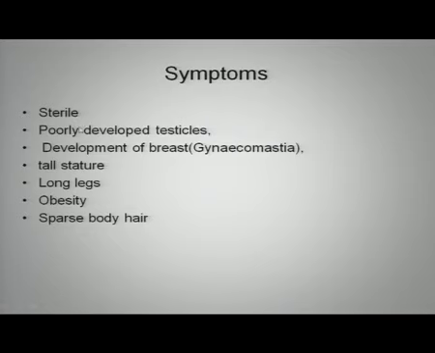Now what are the symptoms of this particular disease? Such individuals are sterile, they are not able to reproduce, they have poorly developed testicles, they show female characters, for example, breast development, a normal character of female, seen in this male individual, and this condition is known as gynecomastia.